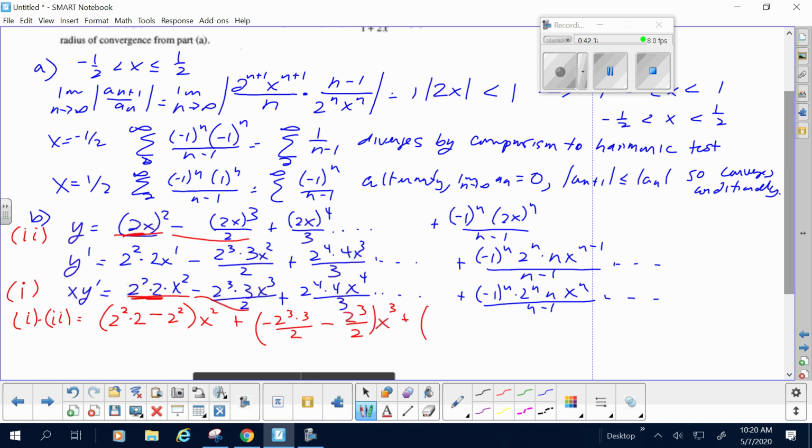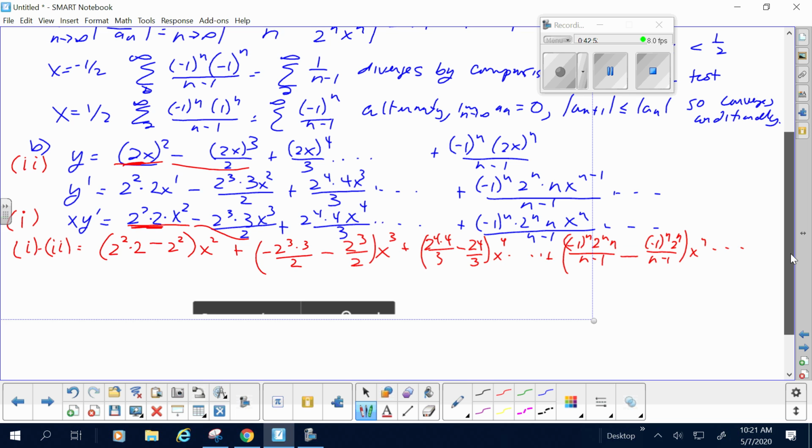This guy is 2 to the fourth times 4 over 3 minus 2 to the fourth over 3 x to the fourth. Generally speaking, it's negative 1 to the n, 2 to the n over n minus 1 minus negative 1 to the n, 2 to the n over n minus 1 x to the n's.